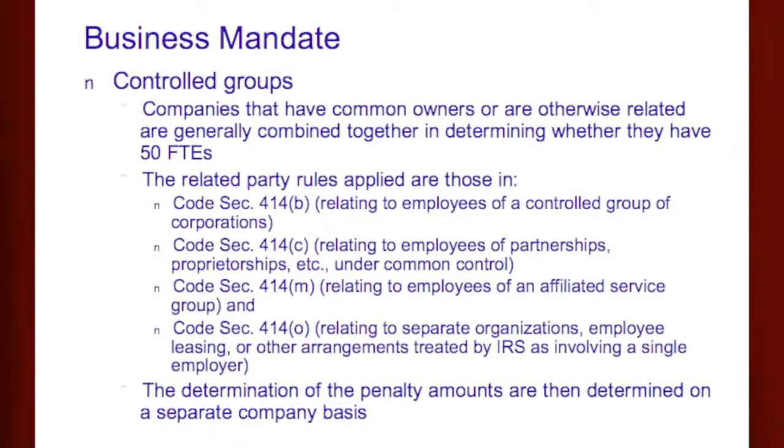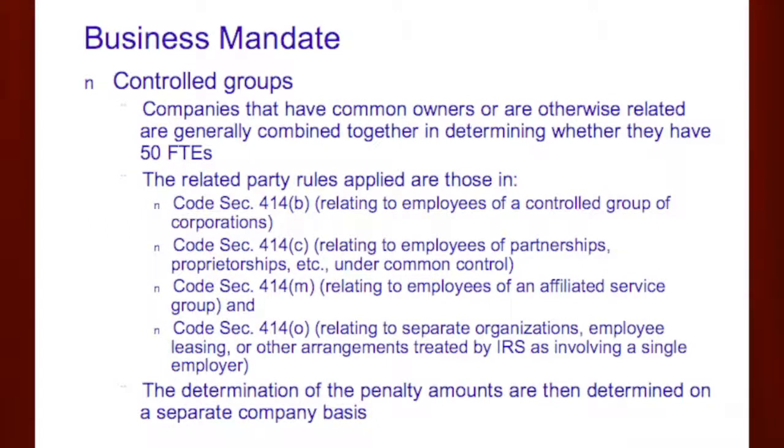Well, if it's a controlled group as defined, and these are retirement plan provisions, if I own 100% of those 3 businesses, all those businesses are going to have to be aggregated.